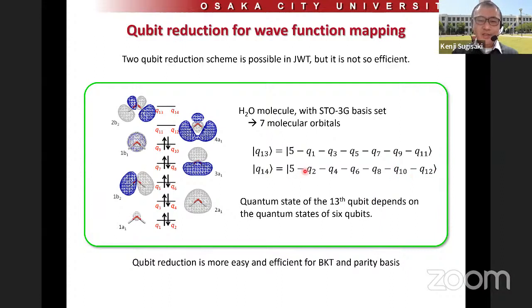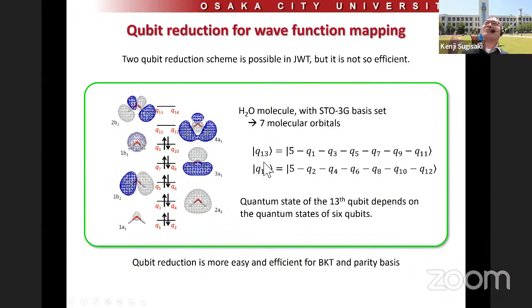But as you can realize, the quantum state of the 13th qubit depends on the quantum state of 6 qubits. In this case, Q1, Q3, Q5, Q7, Q9, and Q11. So basically, we can reduce qubits by using this approach, but in this case, the transformed Hamiltonian becomes more terms, because let's think about the expectation value of Q13.